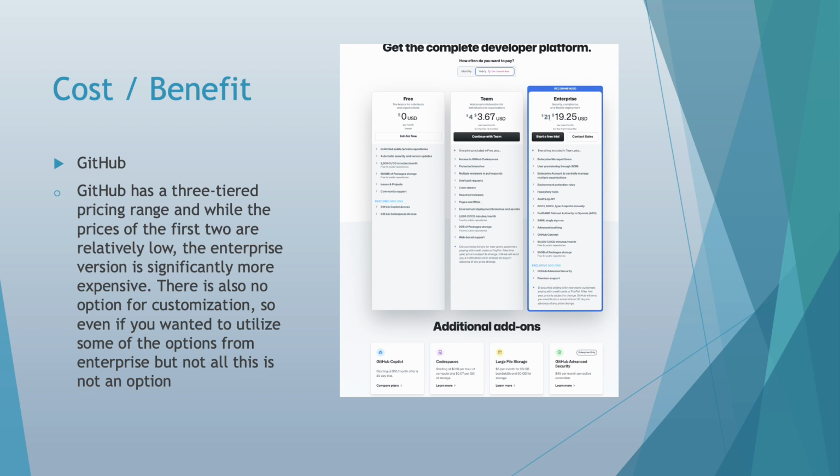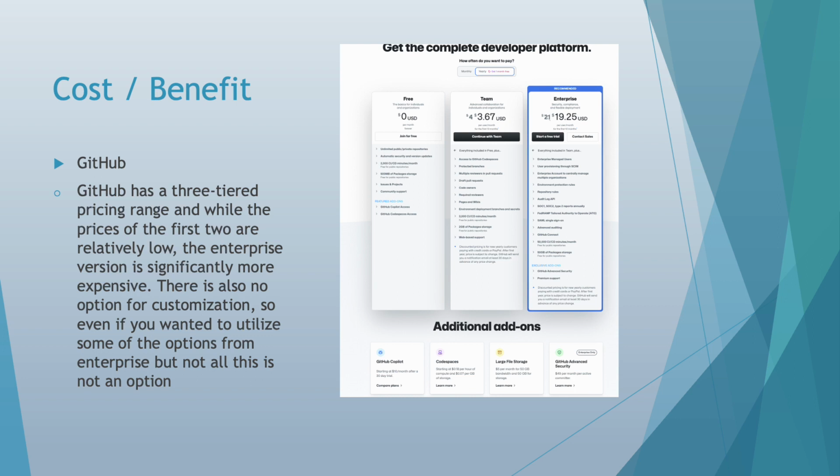For GitHub, it does also have tiered pricing, but they only have 3 tiers of pricing. The first is going to be the free version, the second, the team version, and the third is the enterprise version. While you'll notice that the enterprise version is significantly more expensive, it does come with a lot of additional benefits for companies.